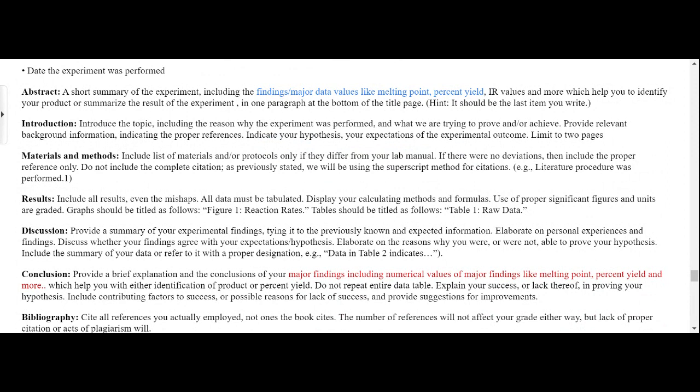I know that I did my experiments properly, and I have a good percent yield, or the melting point of my product corresponds to the literature value, and based on this, I can say I have pure product. So I want to see those numbers in the abstract. It is a short summary, but it includes the numbers.